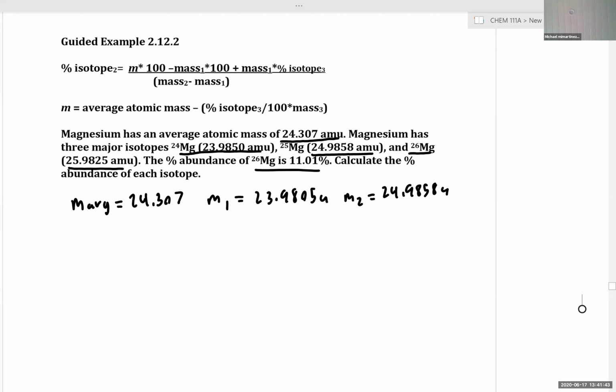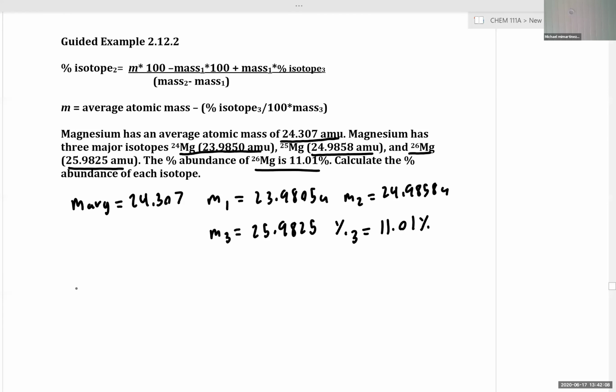Okay, we are also given that the mass of isotope 3 is 25.9825, and we're given the percentage of isotope 3 to be 11.01%. We now have all the tools that we need to solve for the percentage of each isotope.